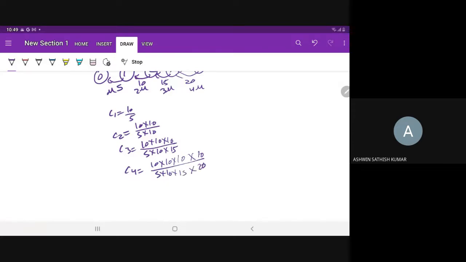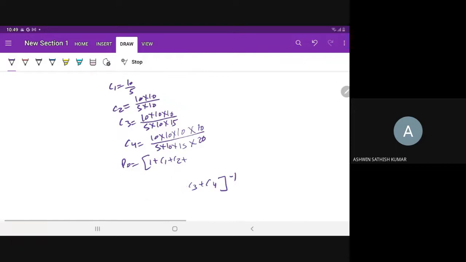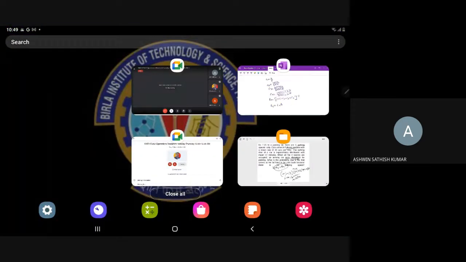In this way, we can compute C1, C2, C3, C4. Then P naught will be the inverse of 1 plus C1 plus C2 plus C3 plus C4. Then you compute P4 as C4 into P naught. That's the methodology we have to opt.